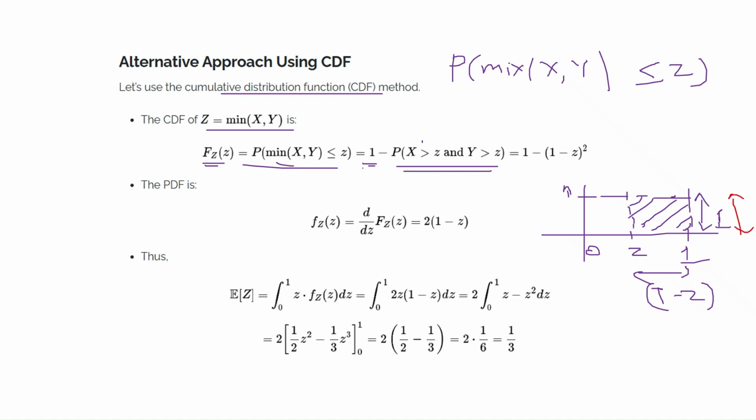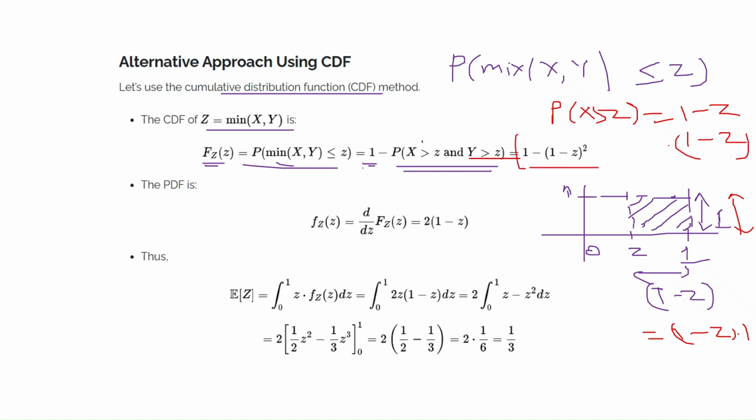So this area would be 1 minus z times 1, which is 1 minus z. So probability that x is greater than z would be 1 minus z, and probability that y is greater than z would again be 1 minus z, and probability that both of these are greater than z together, we would have 1 minus z squared. So we have this part here, 1 minus z squared.